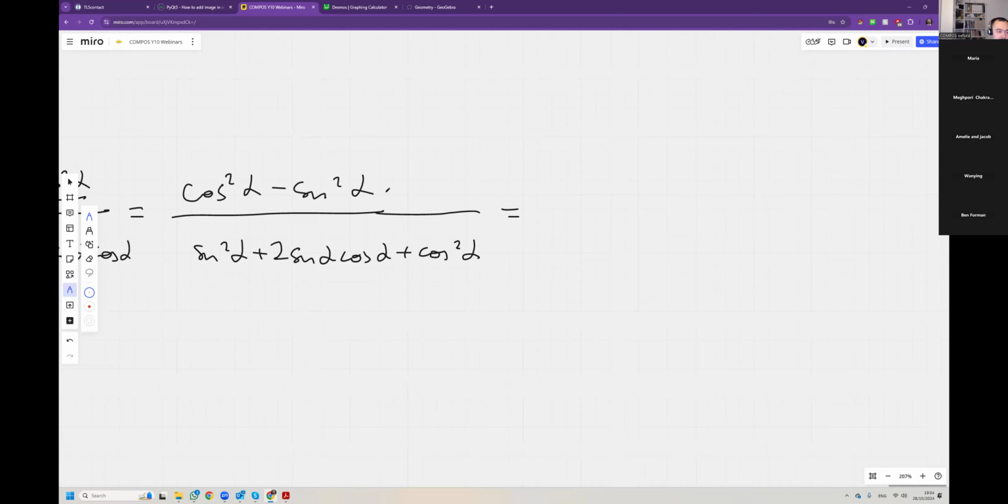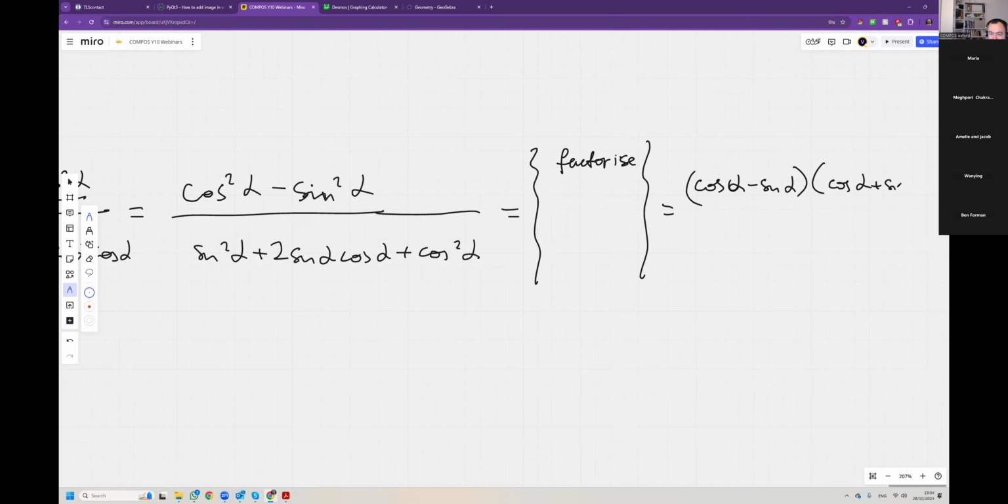What can I do with the top expression? Factorize. Yes. What does it become? Cos alpha minus sine alpha, cos alpha plus sine alpha.